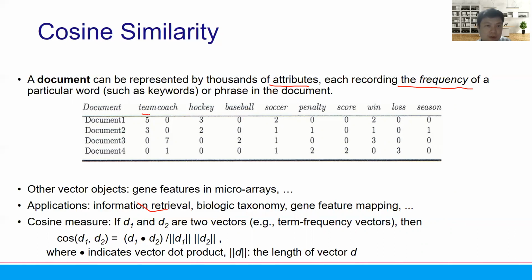So let's see if we have a term: there are 5 in document 1, 3 in document 2, 0 in document 3, and 0 in document 4. You can see other terms might appear in the documents.